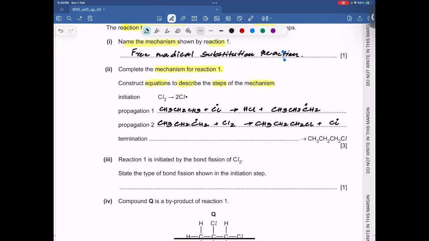Termination. So for termination, the equation could be like this: propyl free radical reacts with another chlorine radical, converting into chloropropane. And when chloropropane is formed, obviously, the chain is going to be terminated.